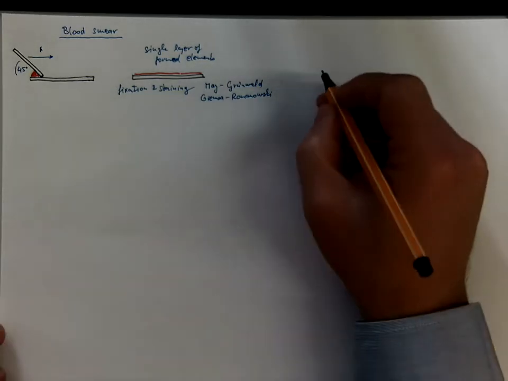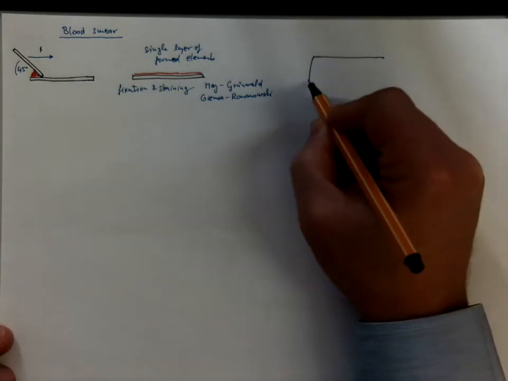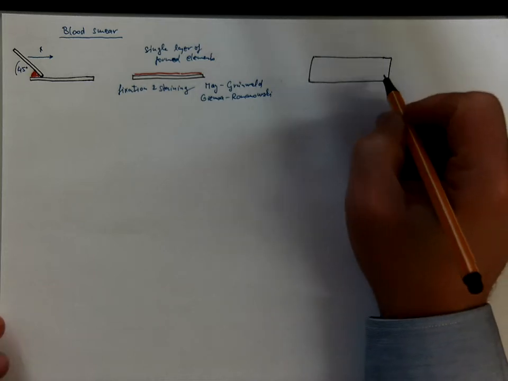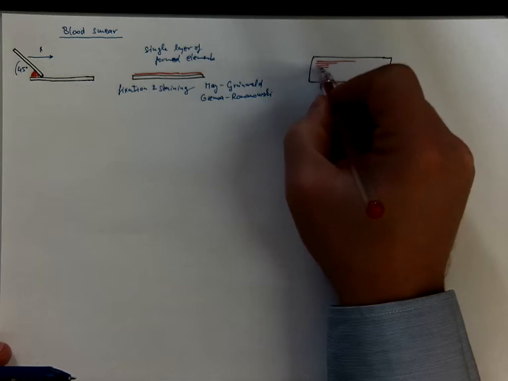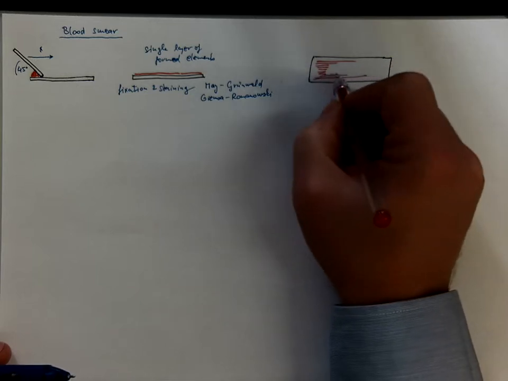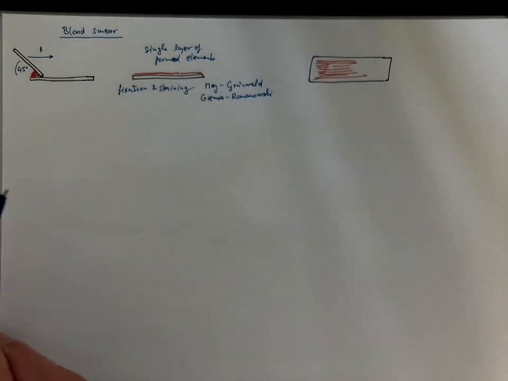Then find a systematic way to observe the slide. So you will start in some region. Here it is usually thicker, and there is a thinner layer.